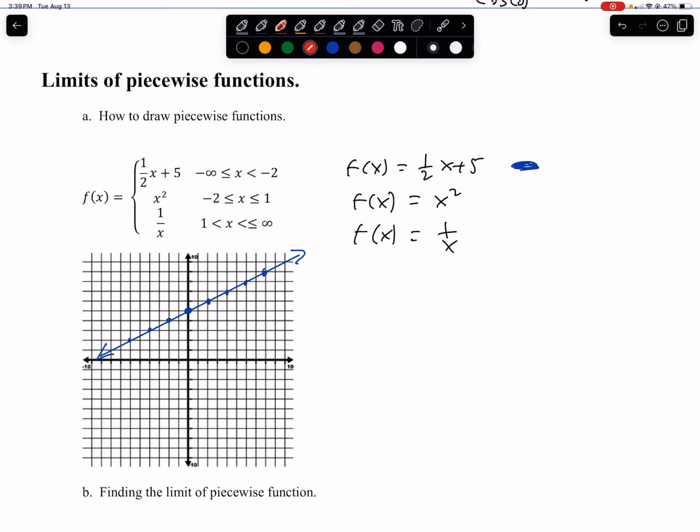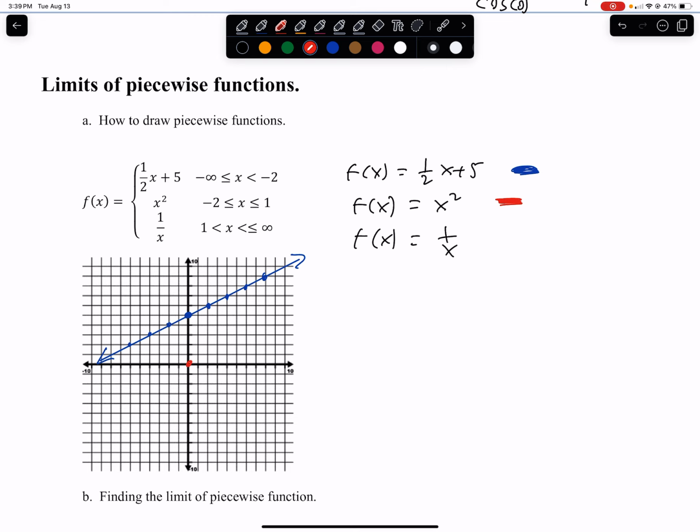Then I have x squared. I will do this in red. X squared goes through 0, 0, 1, 1, 2, 4, and is symmetrical. So it's negative 1, 1, negative 2, 4, and then 3, 9. There we go.